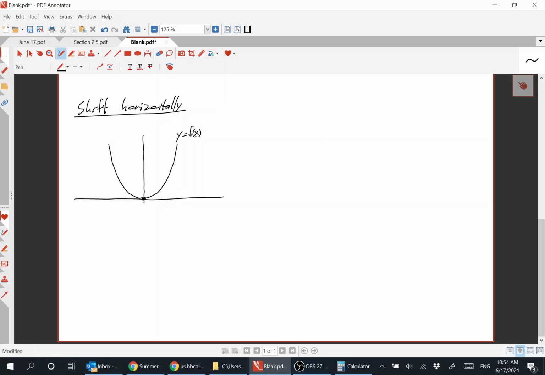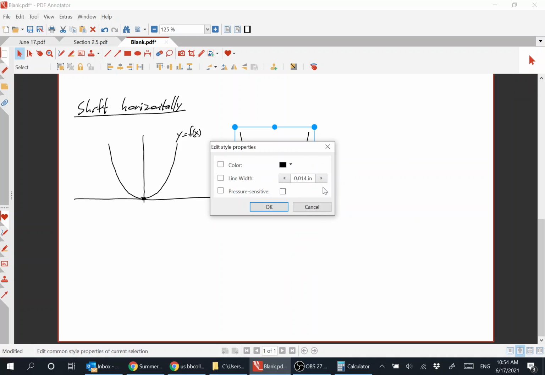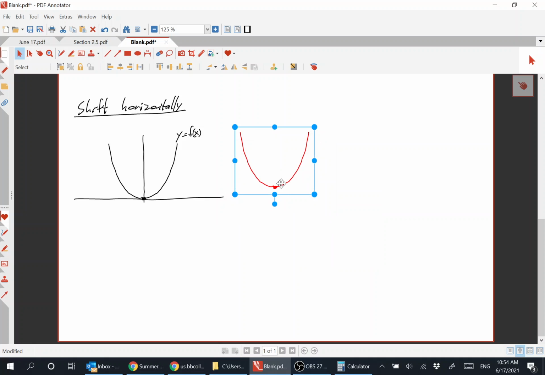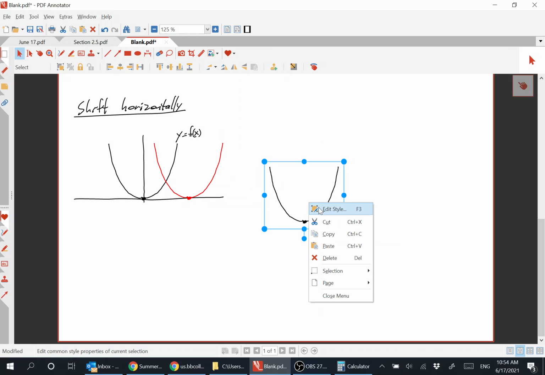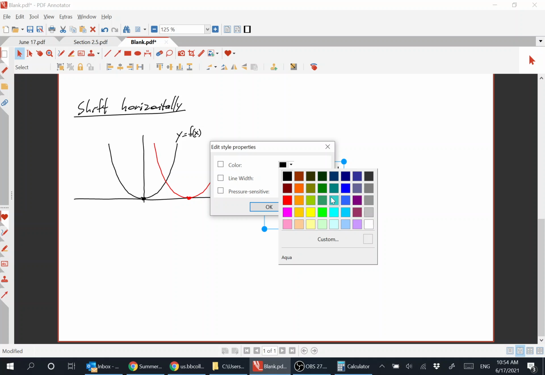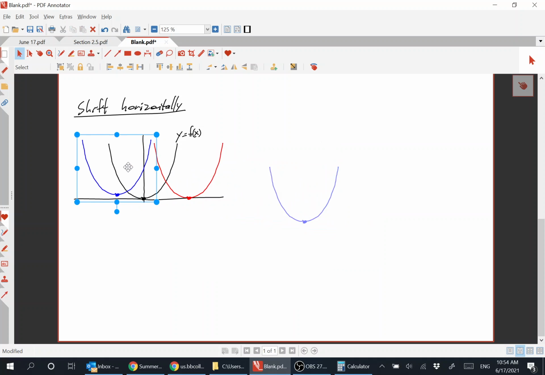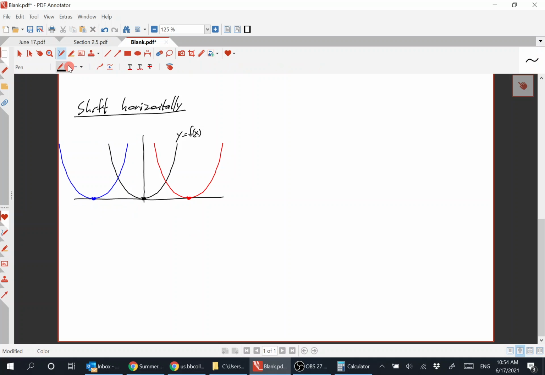Now I've shifted vertically. Now I want to shift horizontally. So instead of going up or down, we want to go right or left. Well, how does that happen? So this is the graph, the black one, y equals f of x, and this is c, and this is minus c.